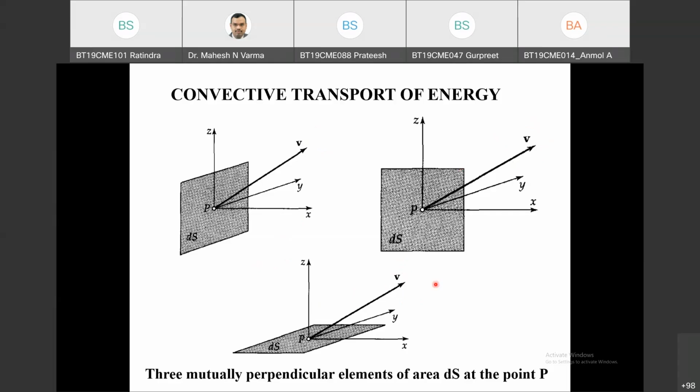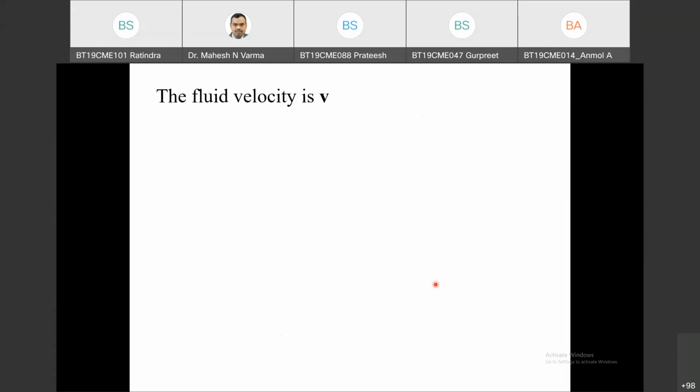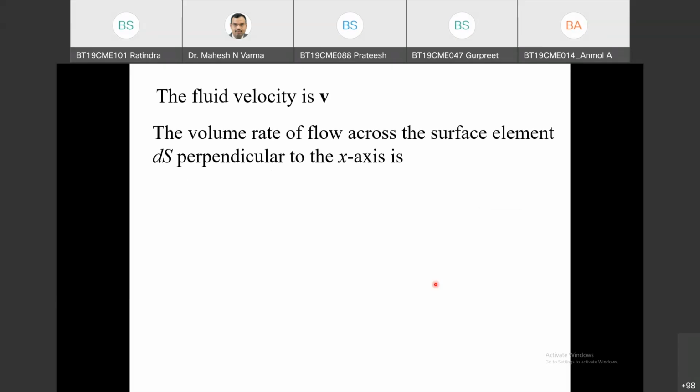We are combining everything: the x, y and z components, and convective transport in all directions. So if v is the velocity of the fluid, consider the volumetric flow rate across the surface element dS perpendicular.